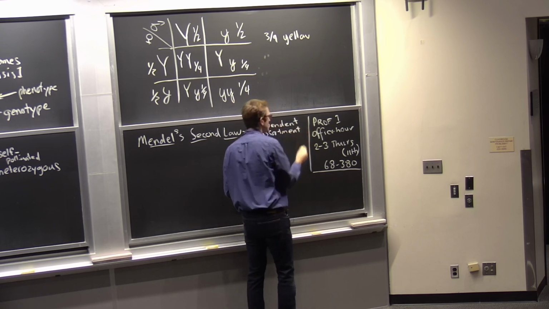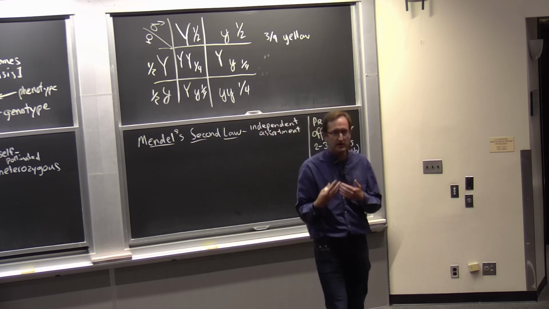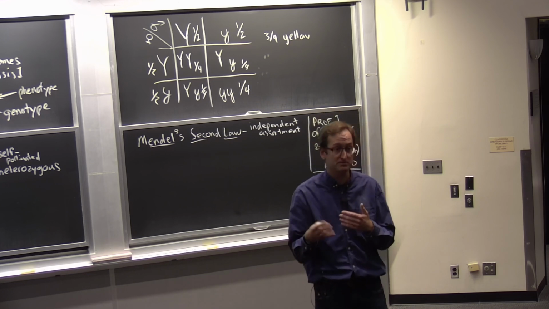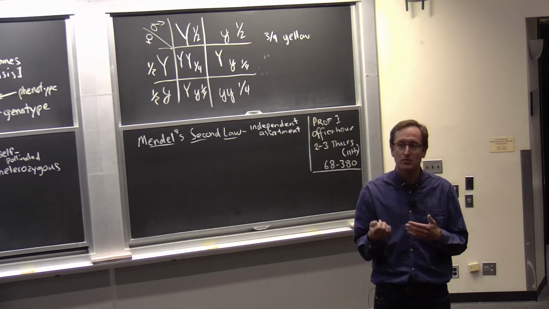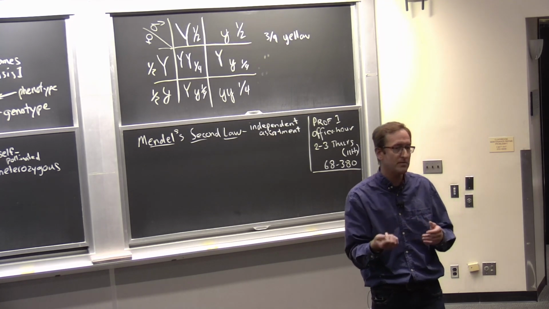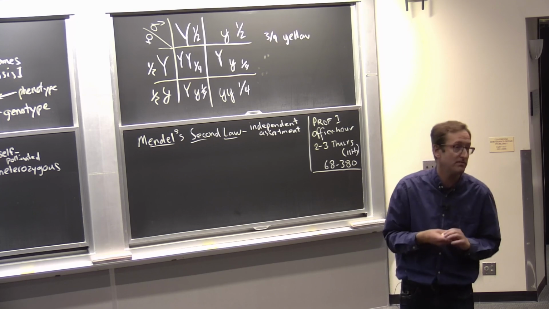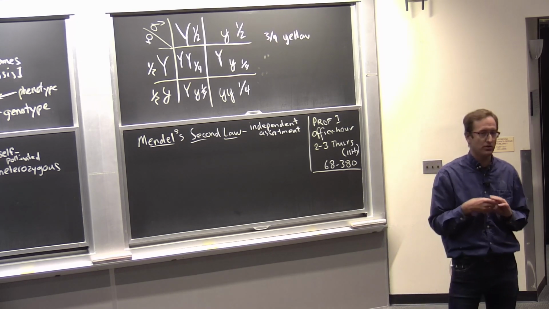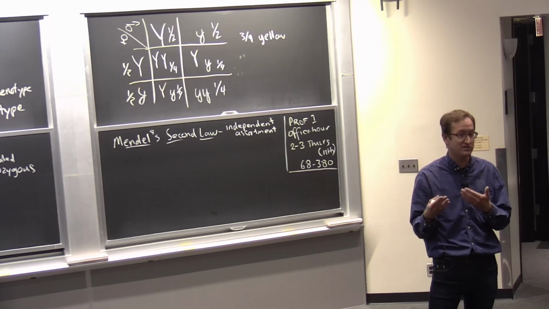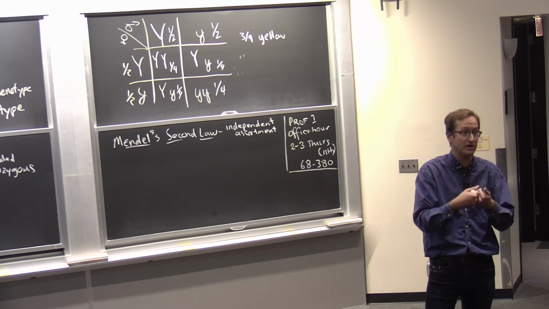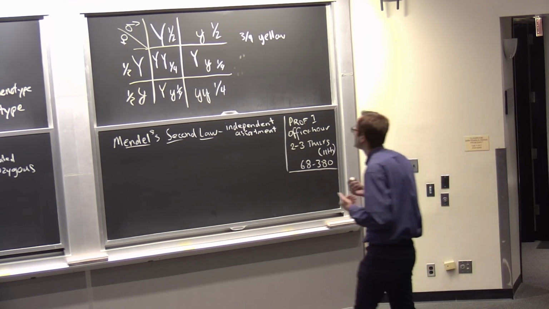And another fortuitous thing in Mendel's experimental design and setup, he didn't know it at the time, he chose traits that actually were present on different chromosomes of the pea plant, okay? So the traits didn't exhibit what is now known as linkage, where they're physically connected on the chromosome, okay?